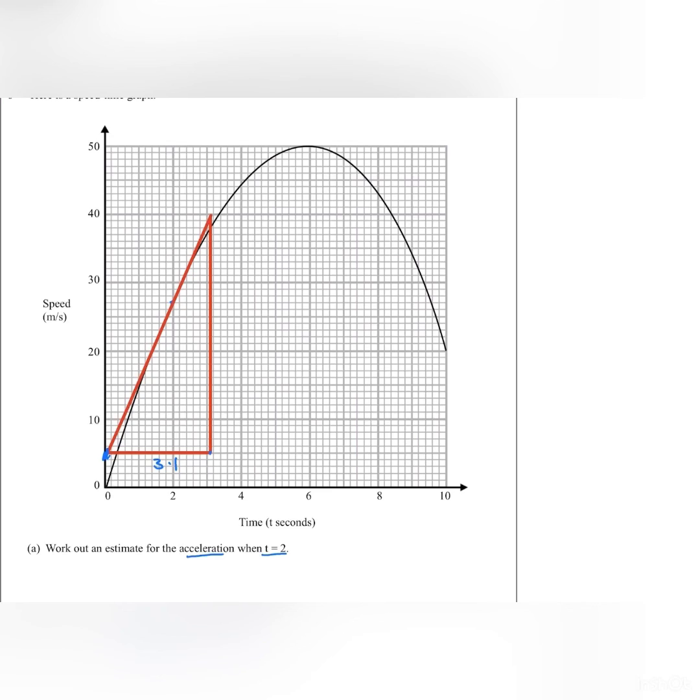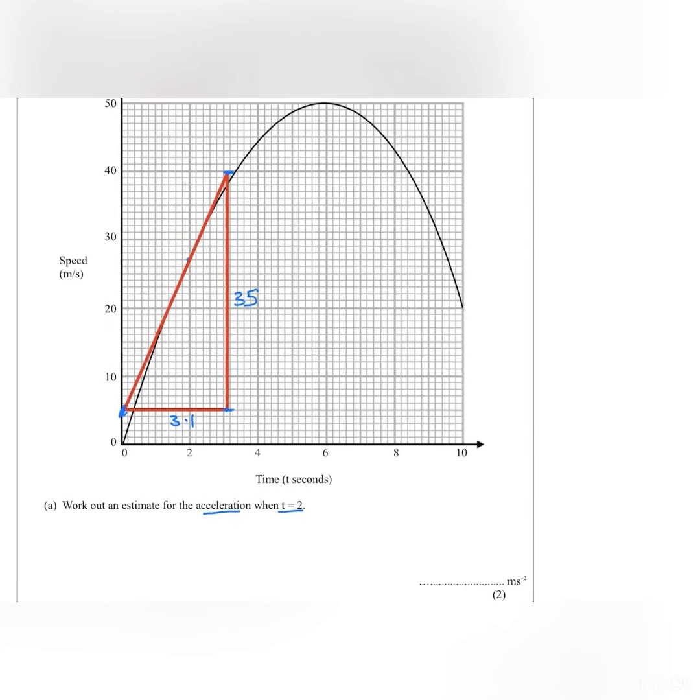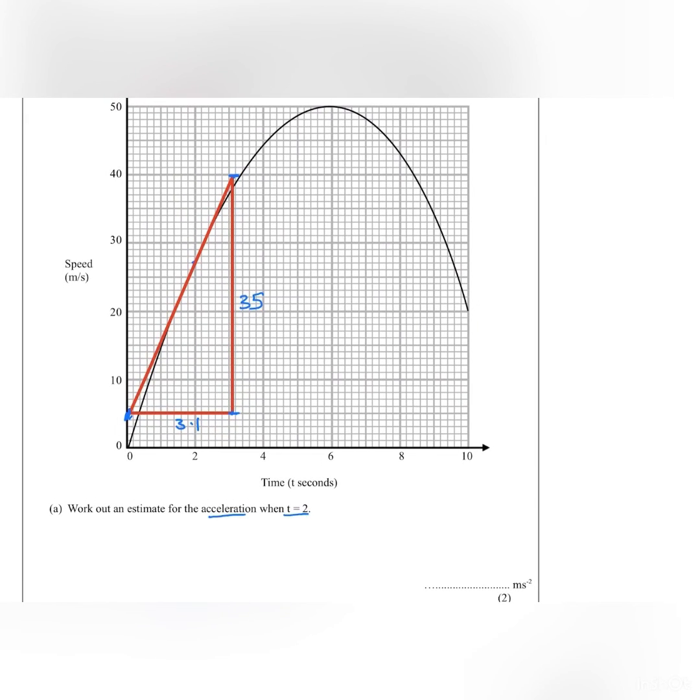And then at the top here, we got 40, and 40 minus 5, that is 35. And then change in y divided by change in x. So 35 divided by 3.1.